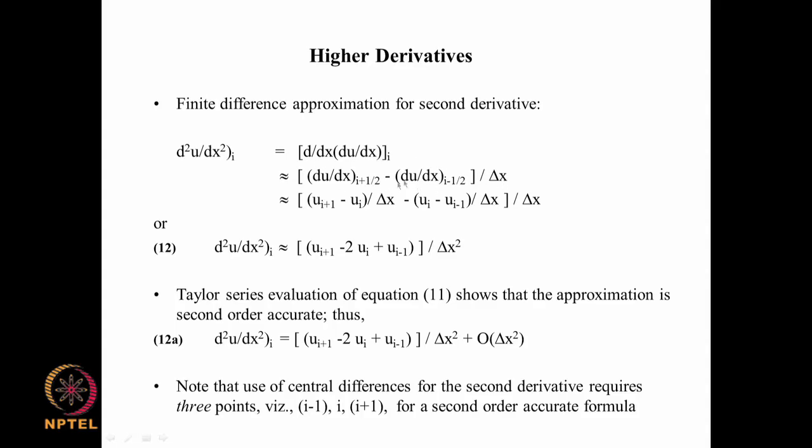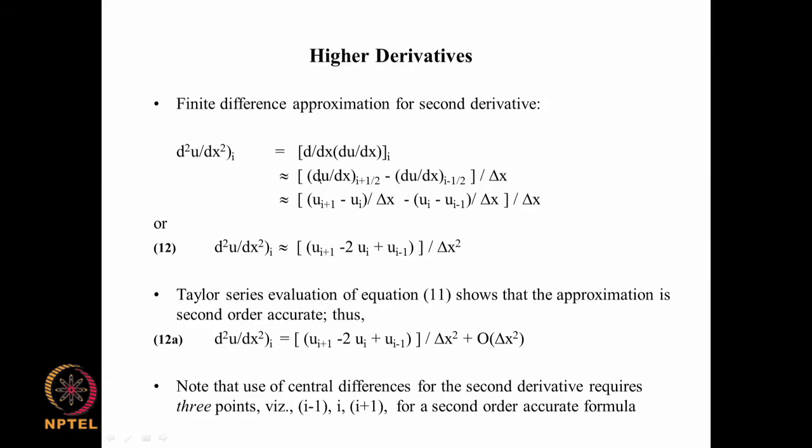So this is one way of expressing d by dx of f at i, where f is du by dx. So we are writing d square u by dx square as d by dx of du by dx, and then we can write this approximation. This is a central difference approximation.